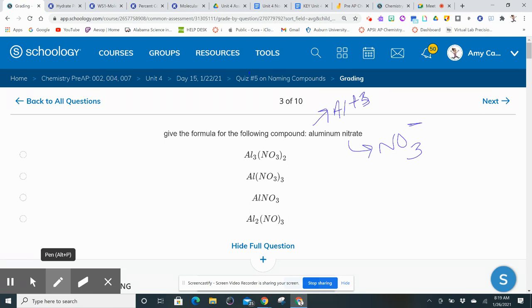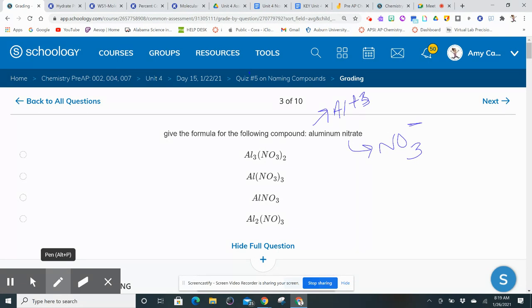Okay? So we know aluminum's +3. We know nitrate's -1. So the only possible option would be which one? First, second, third, fourth? Anybody? If it's this one, let's see if the charges balance out.